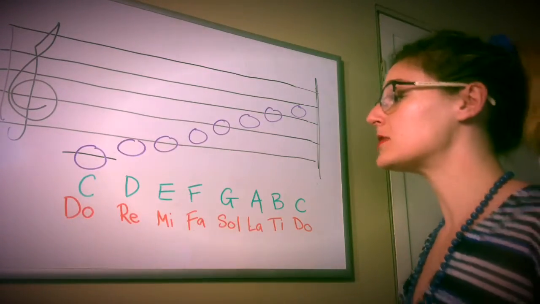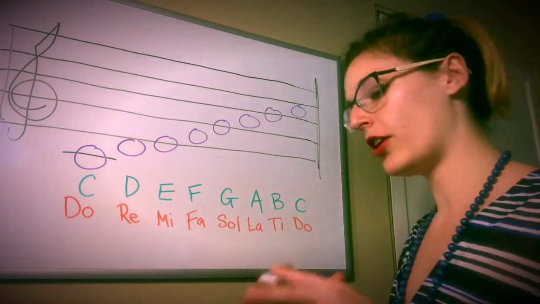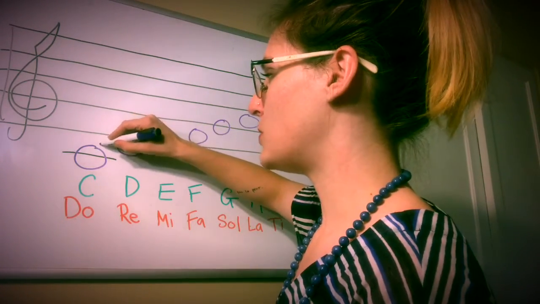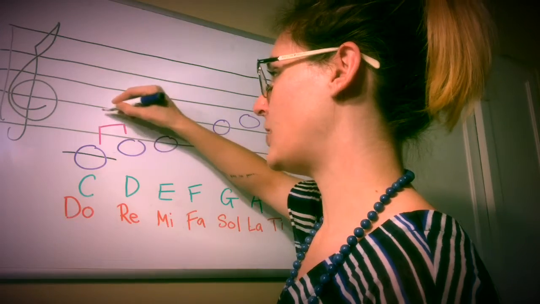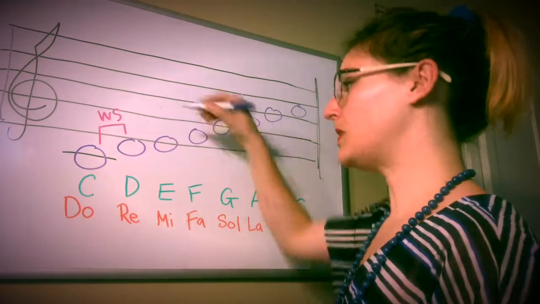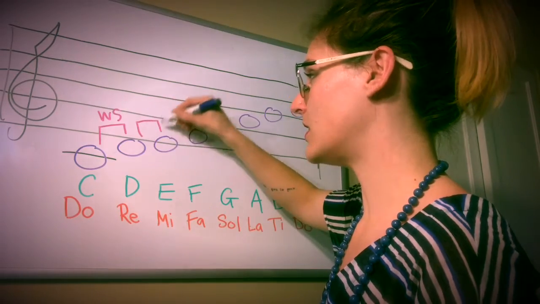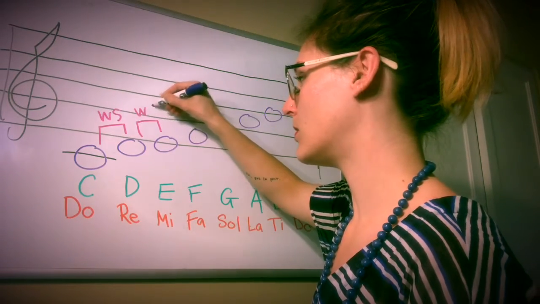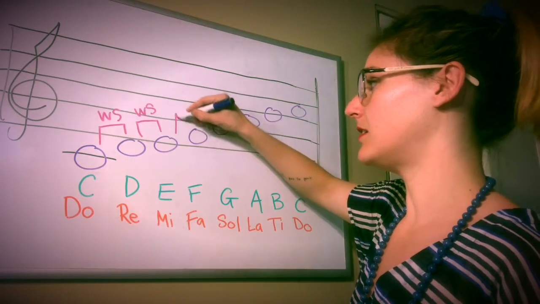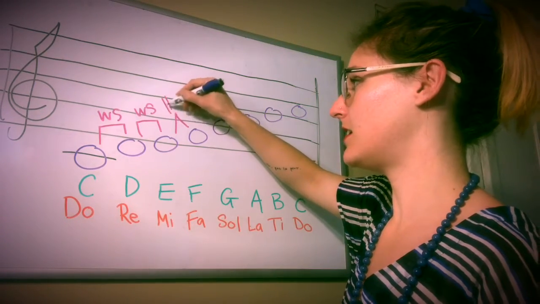So what we learned by looking at the C major scale on our musical calculator, the piano keyboard, is that between C and D, we need a whole step, that between D and E, we also need a whole step, but that between E and F, we actually need a half step.